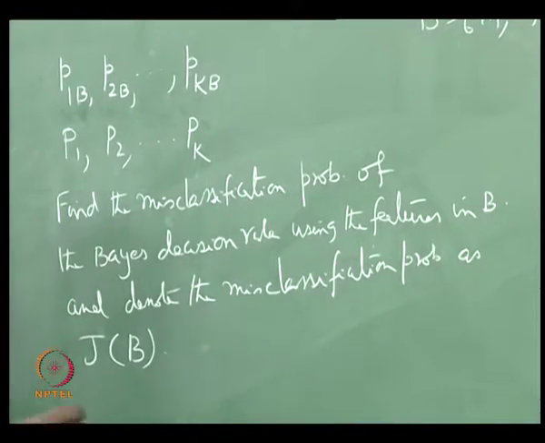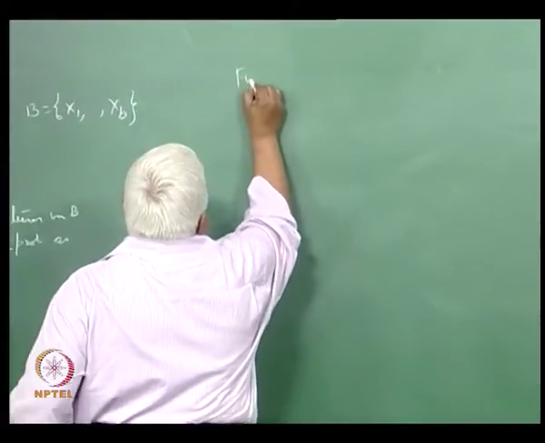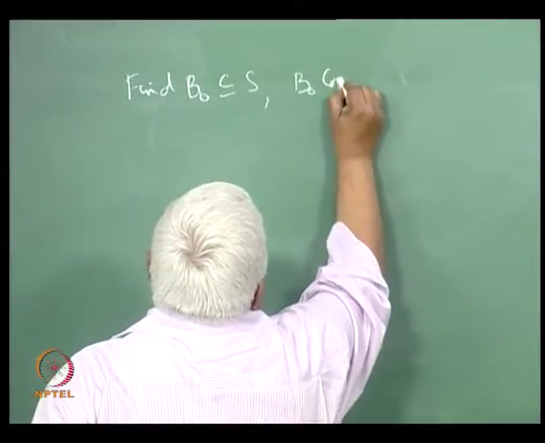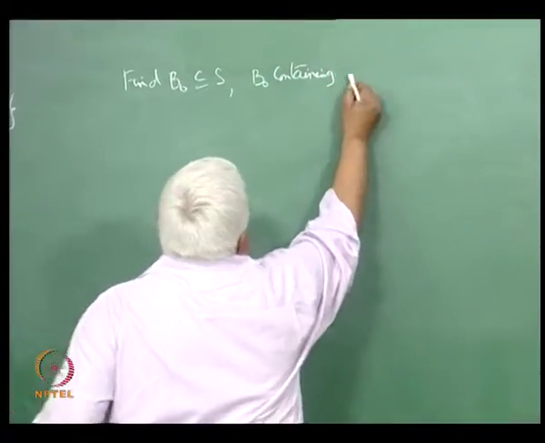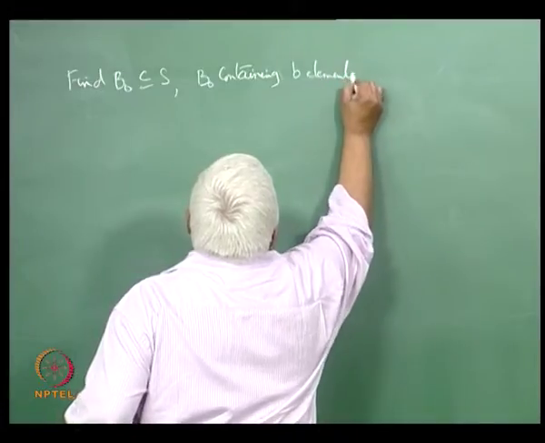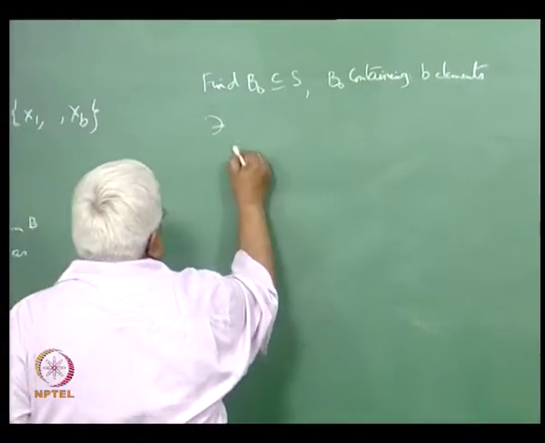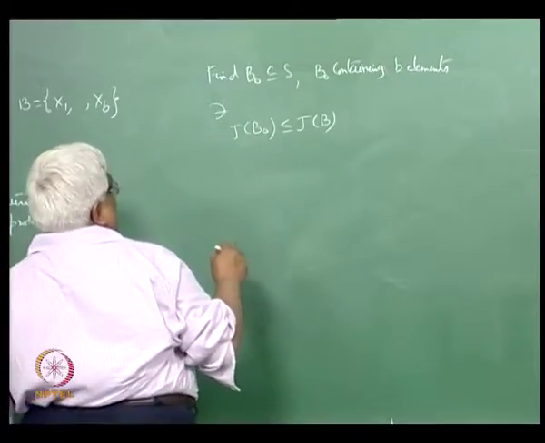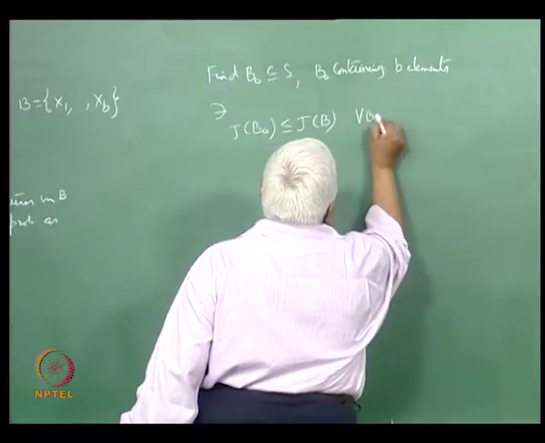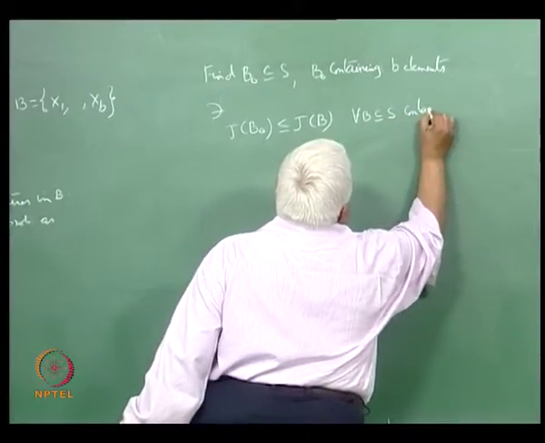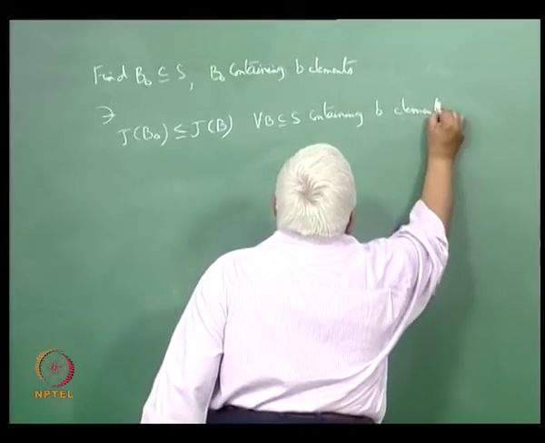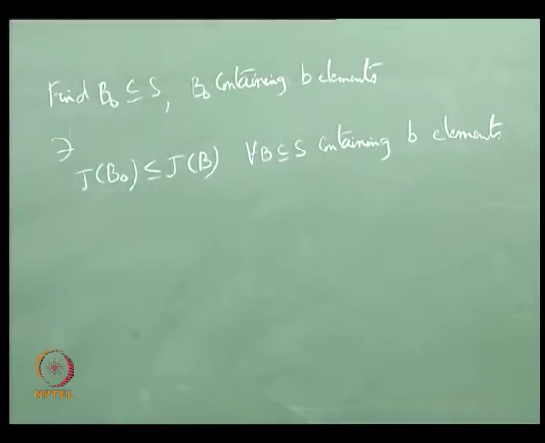That is, find B naught subset of S, B naught containing b elements, such that J of B naught is less than or equal to J of B for all B subset of S containing small b number of elements. Is this clear to you?